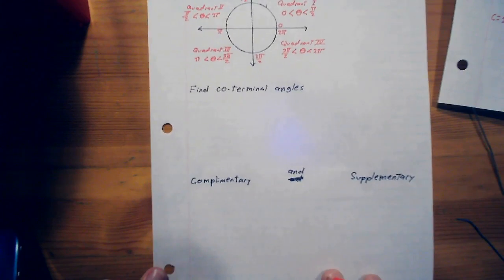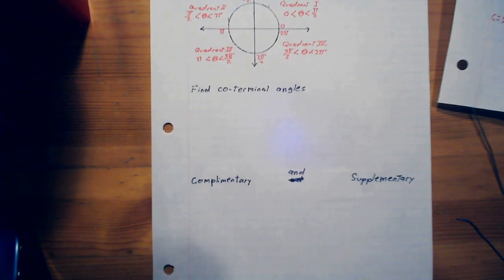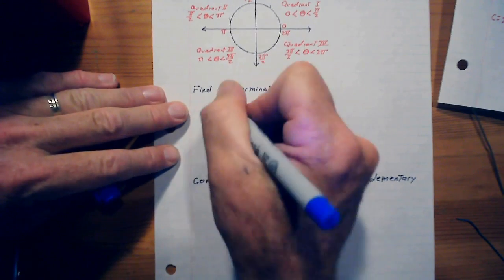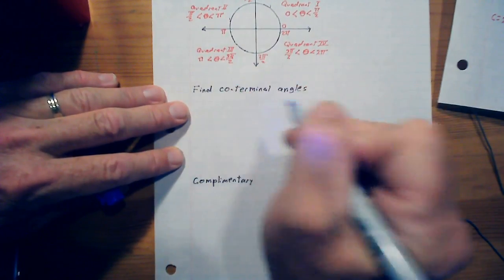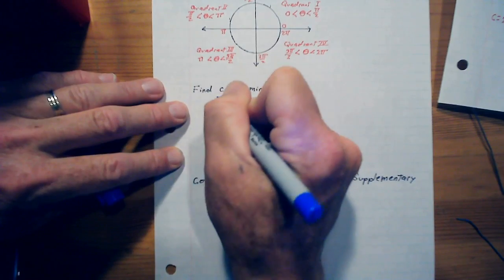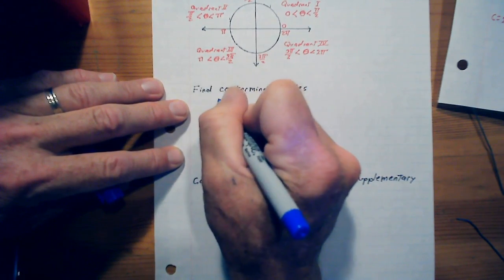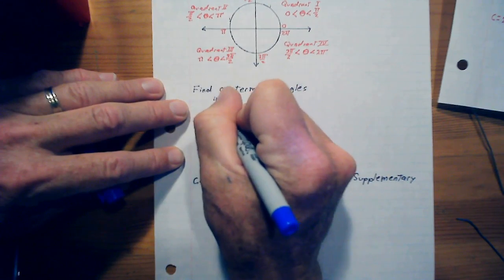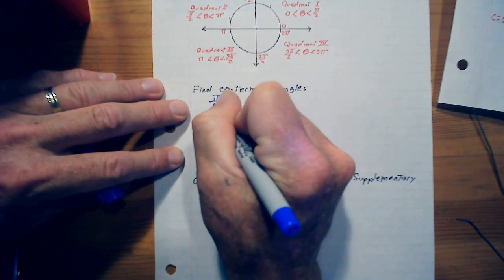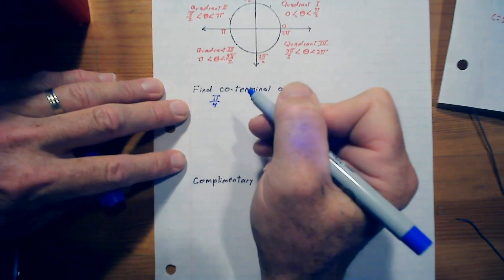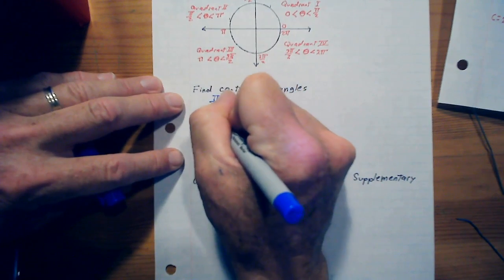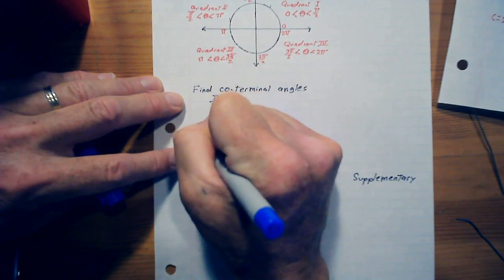All right, how do you find a coterminal angle? Let's say that we've got an angle that is, let's see, there's going to be more than one. So let's say we've got an angle that is, I don't know, okay, pi over 4. All right, let's see, where would that be?